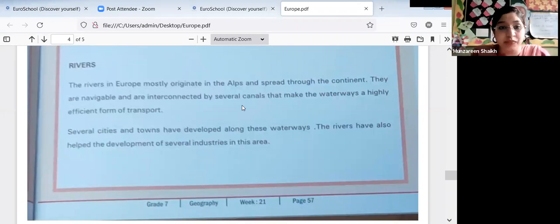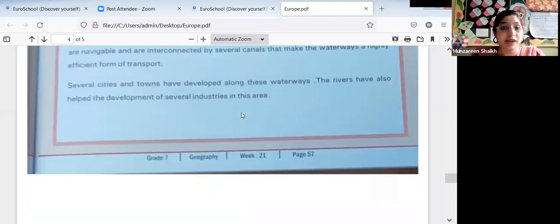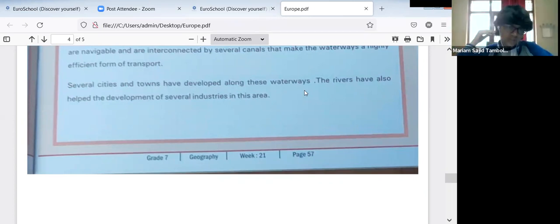Similarly over here, all these rivers are interconnected by several canals, and therefore it provides an efficient form of transportation. Clear? Please underline that in your notebook. Done?